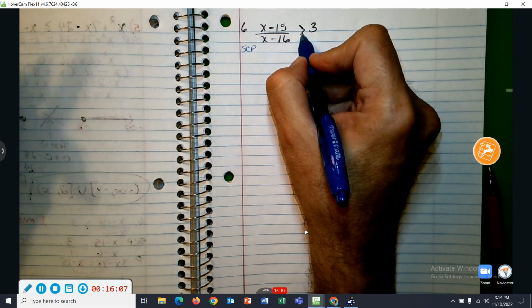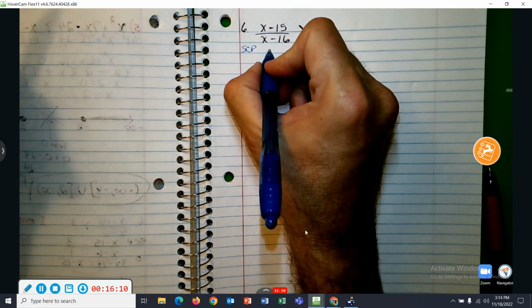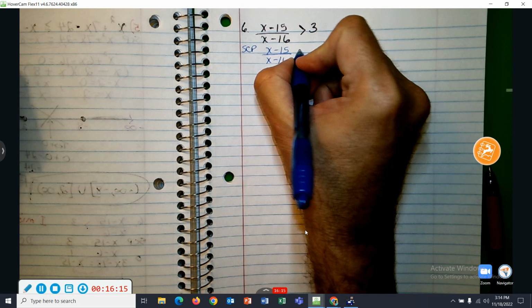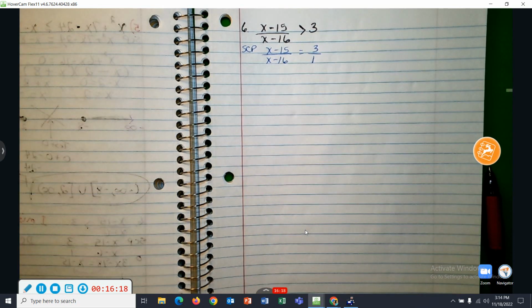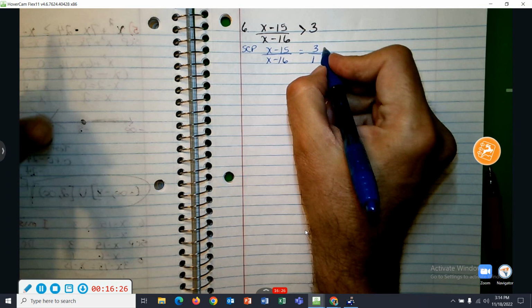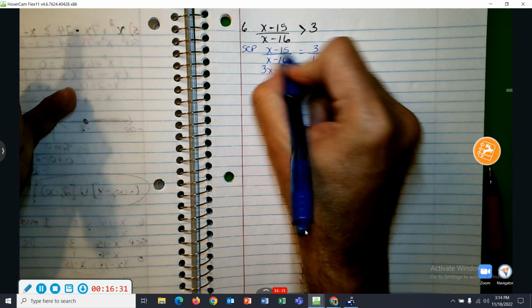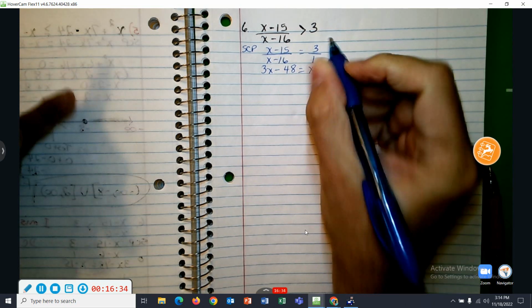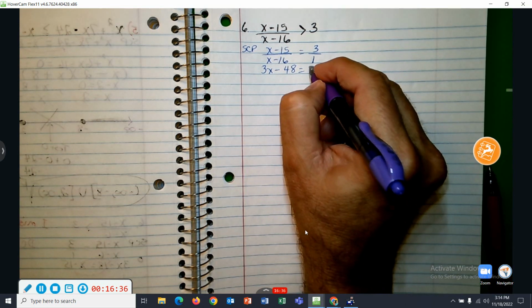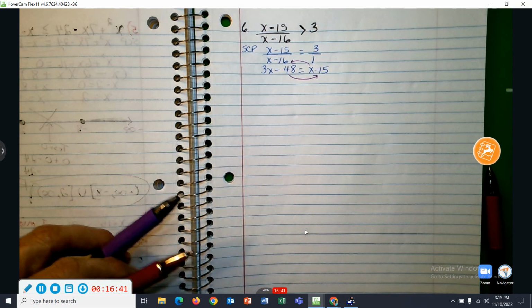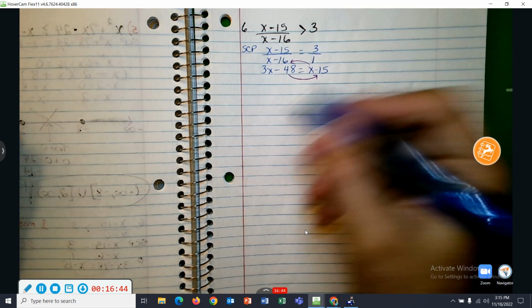Replace the inequality with an equal sign. I'll think of it as 3 over 1. And we have 3x minus 48 equals x minus 15. Basically, it's exactly what I did a while ago, just with a 48 here instead of an 18.